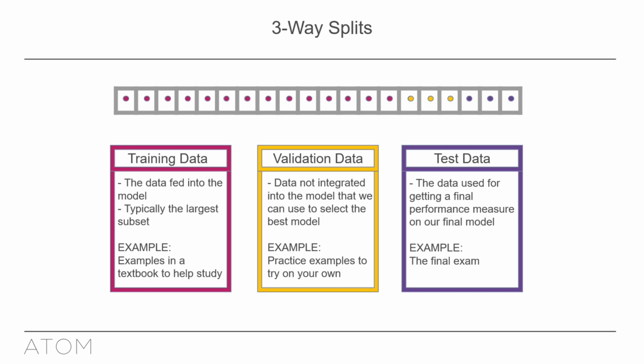We use validation data by running it against several possible machine learning models and picking the one that performs the best on the validation data. Validation data is like the practice examples that we use to determine what method we want to use to solve the problems in the exam. Lastly, we have our final exam, the test data, which is simply used to give us a final performance metric for the final model that we chose.